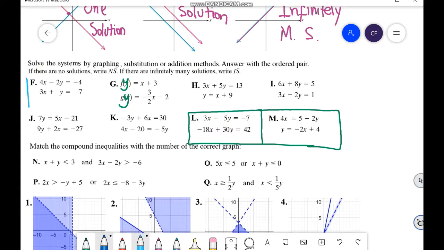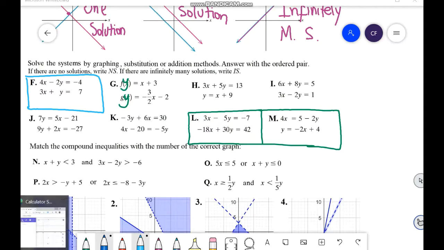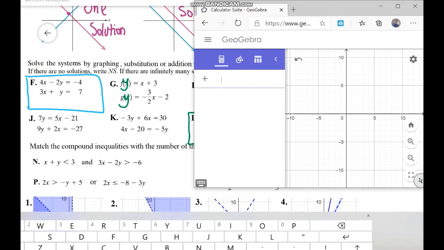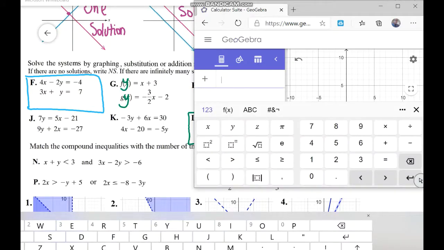Let's see letter F. You can solve using substitution or addition, but I will show the graphing calculator. You can use the graphing method. Type the first equation, x minus 2y equals -4.